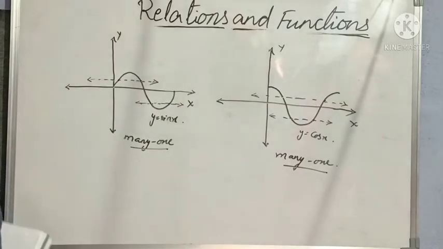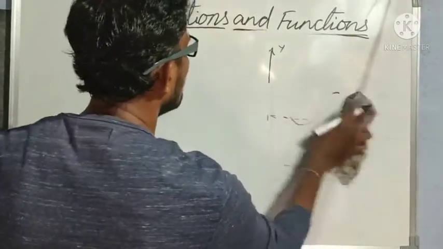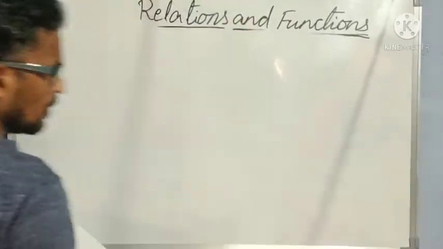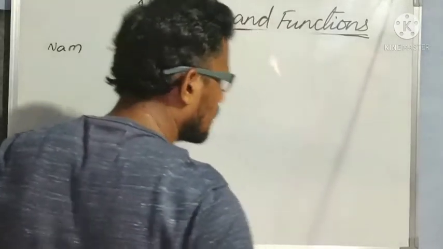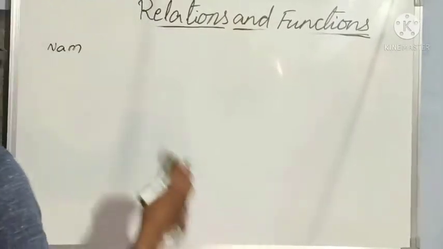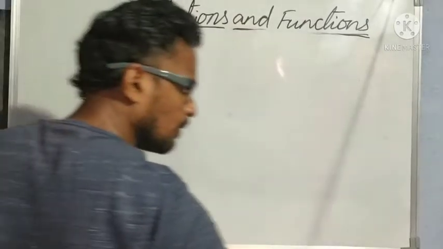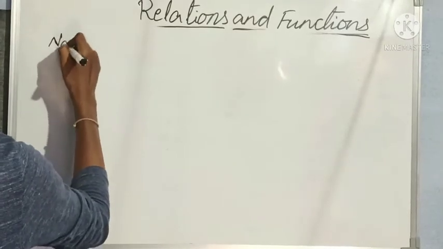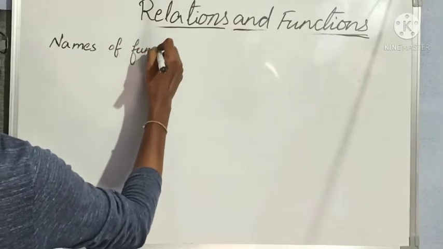Next, we have some specific names for our types of functions. Let us see what those are. So now, next concept: names of functions.